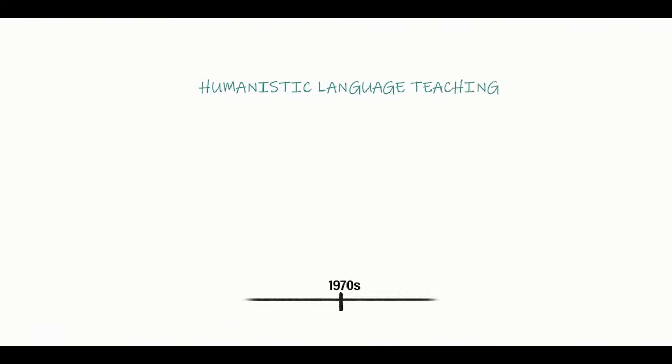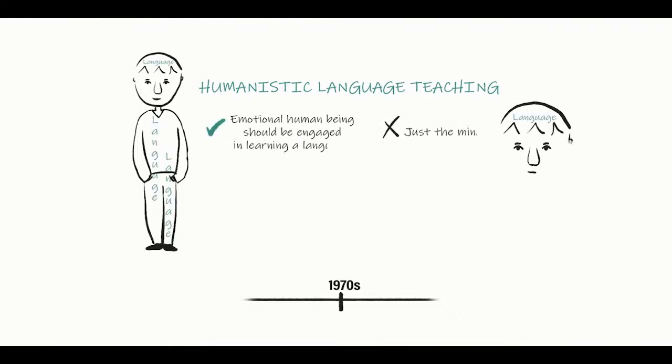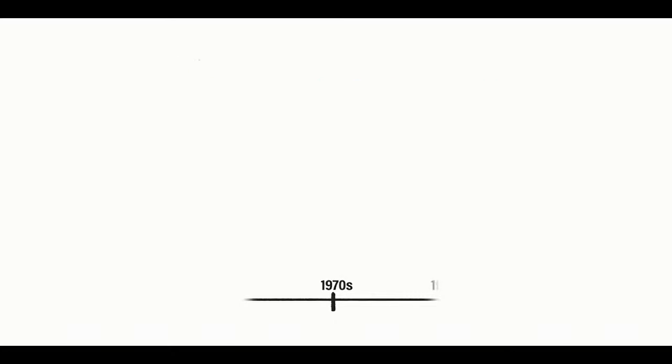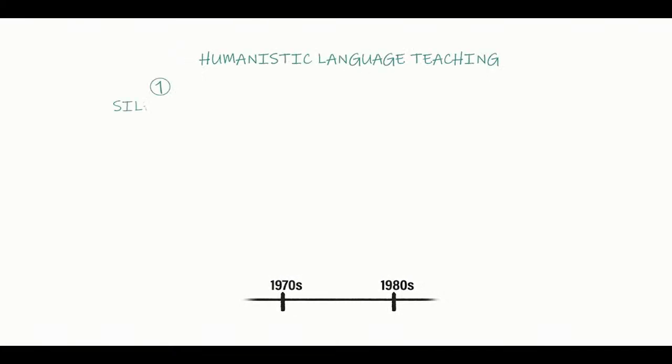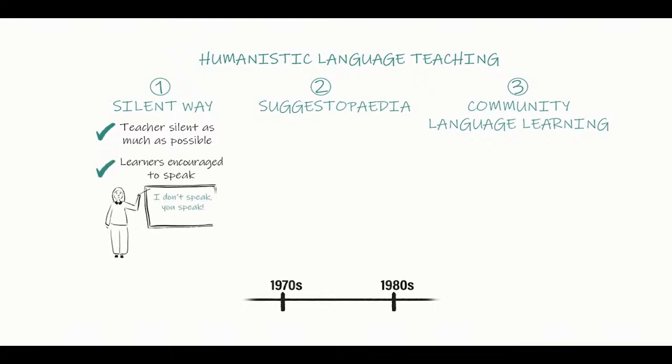Humanistic language teaching is based on the idea that the whole social and emotional human being, and not just the mind, should be involved in learning a language. Three key methods between the 1970s and 80s were associated with humanism: the silent way, Suggestopedia, and community language learning. The silent way, as the name suggests, is a method based on the idea that the teacher should be silent as much as possible, and the learners should be encouraged to speak.